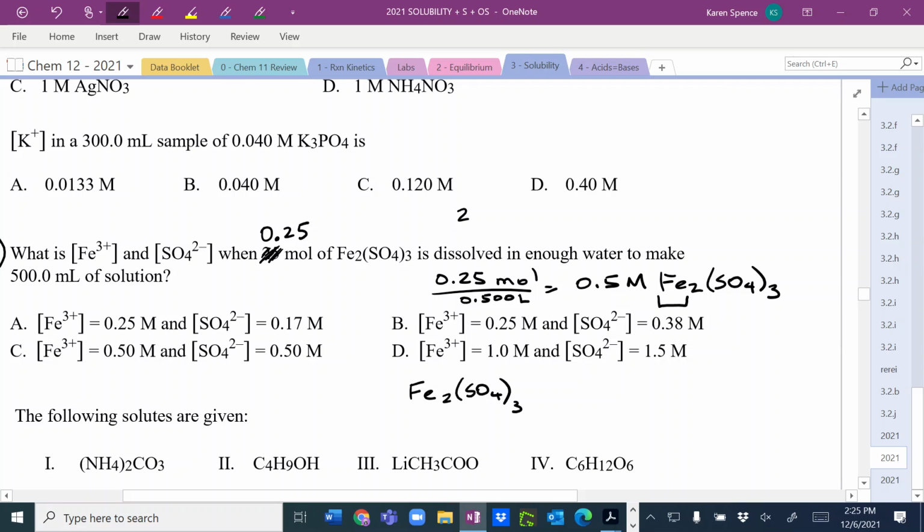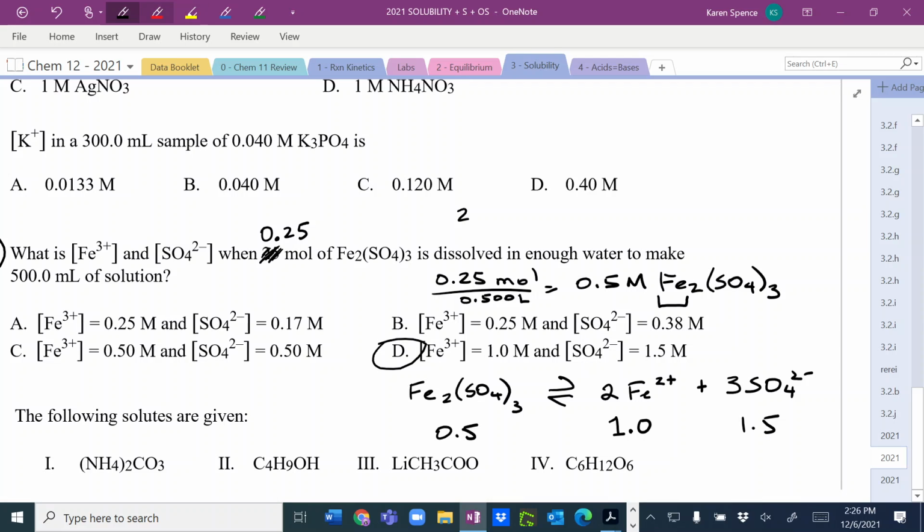It's going to be 1 because when this dissociates, we end up with 2 Fe's. And so 0.5 would give us 1.0. And then it gives us 3 SO4 2- ions. And so that would be 3 times as much, which would be 1.5. Yes?